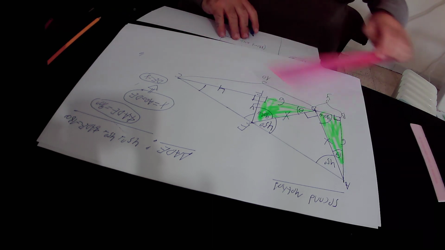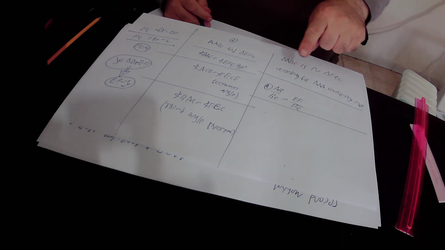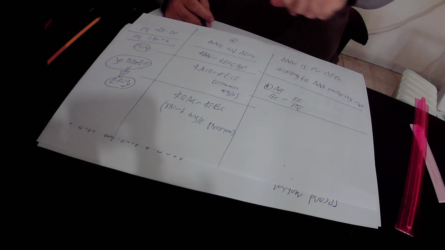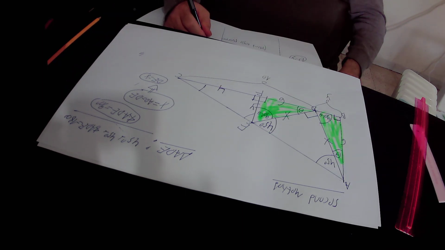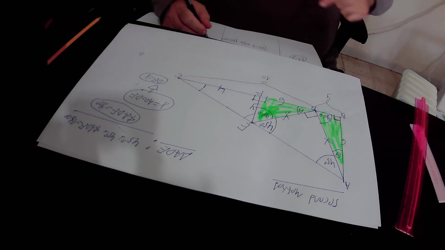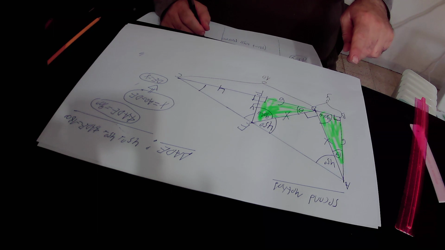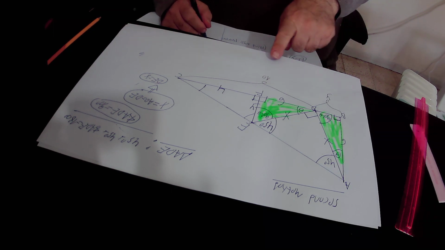I repeat again. From the fact that the two triangles are similar, we conclude that AB over BC in triangle ABC equals EF over FC in triangle EFC. AB equals 6, so we substitute AB by 6. BC equals 10 plus y.